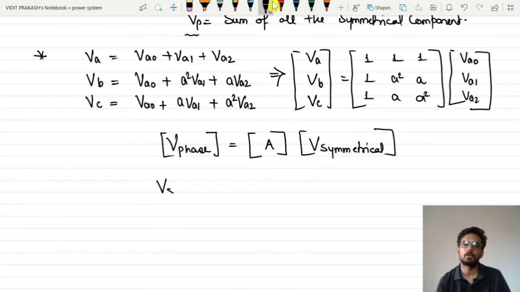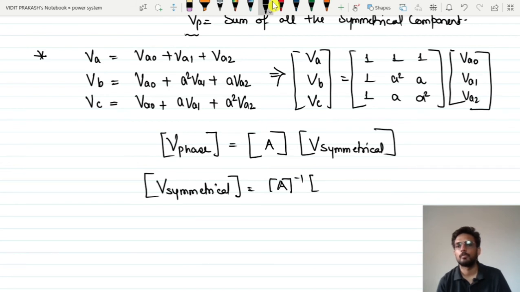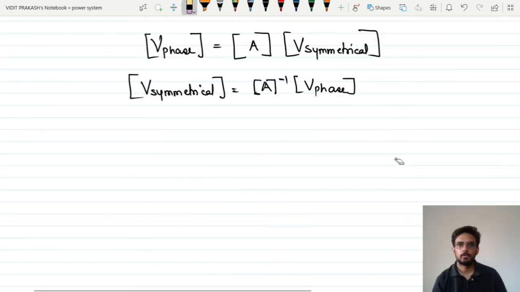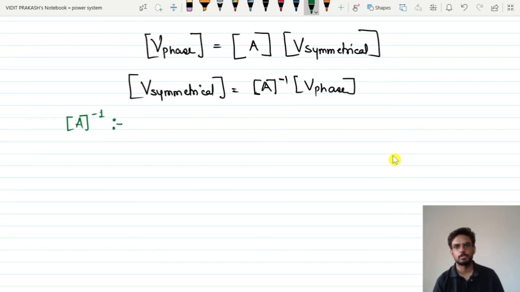And if we need to find the symmetrical components, that is A inverse of V phase, right? Now we'll find A inverse. This is not important, you can skip this part, people who know this.